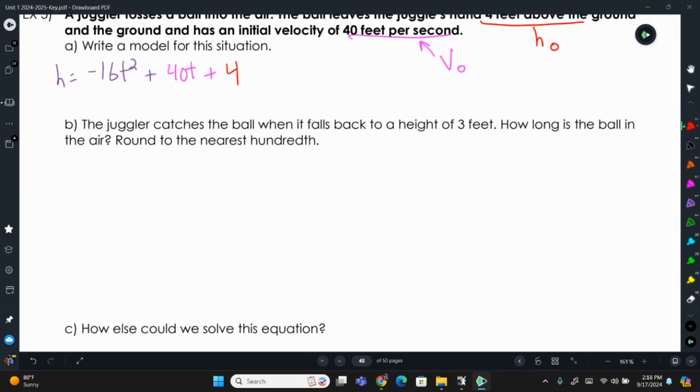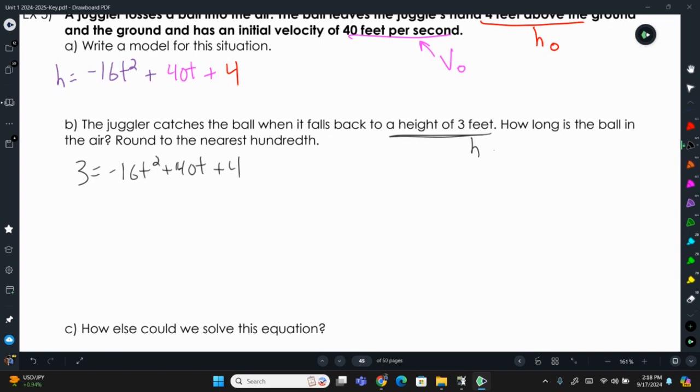B, the juggler catches the ball when it falls back to a height of 3 feet. How long is the ball in the air? So because it says a height of 3 feet, that's what it is equal to. So 3 is equal to negative 16t squared plus 40t plus 4.